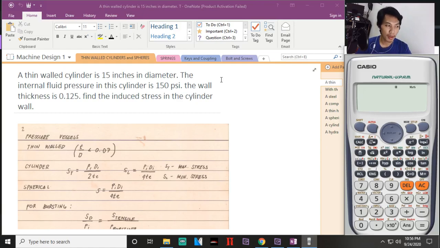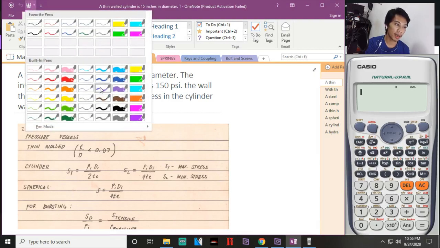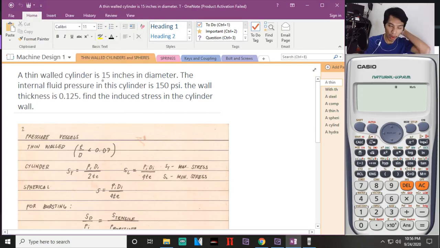Okay? Now, for your thin-walled and thick-walled cylinders, paano mo ba ma-check if that is a thin-walled or thick-walled cylinder? Ganito yan, mga kaibigan. For pressure vessels, in order for you to check if it is thick-walled or thin-walled, you just have to get the ratio between the thickness of your walls and then the diameter of your pressure vessel.